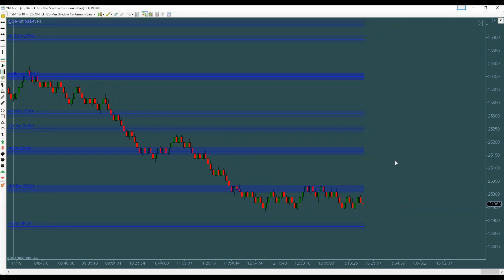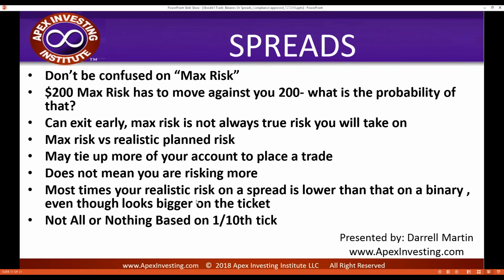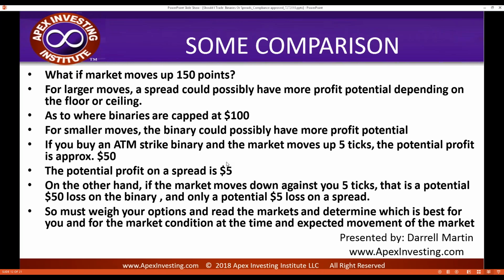What are some ways to potentially, let me give you a couple of examples. It's like I just told you here. If it's just going to be a small move of the market, but I expect it to stay above this level, the binary might be my choice. But what if it's a big news event?